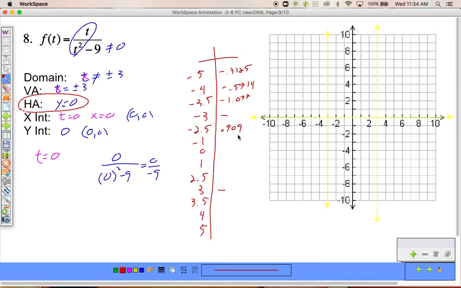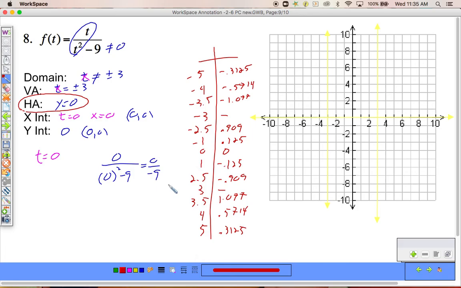I'm just going to keep going. All right, just slowly plugging these in.